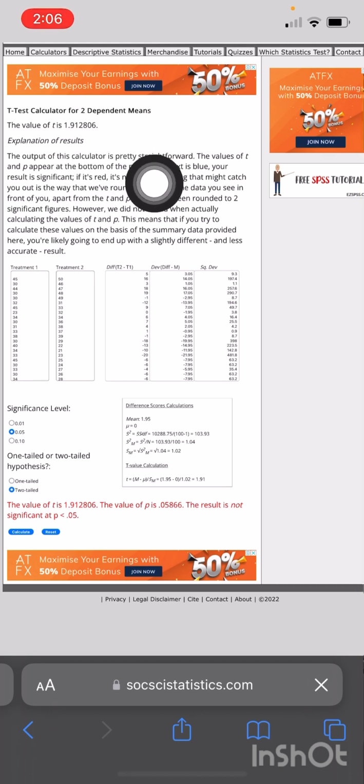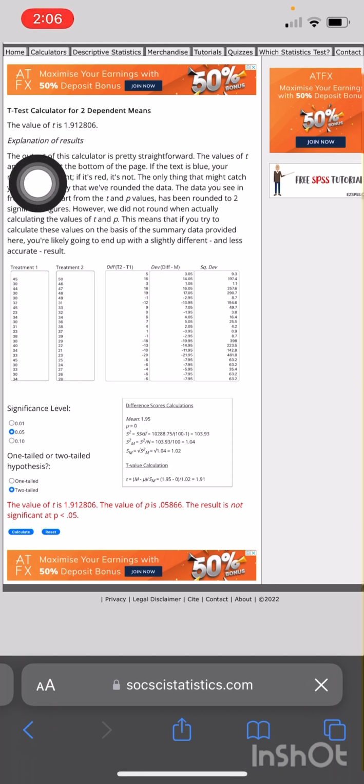This is the explanation of the results. The output of this calculator is pretty straightforward. The values of t and p appear at the bottom of the page. The mean is 1.95 and the p-value is 0.05866. So the result is not significant.